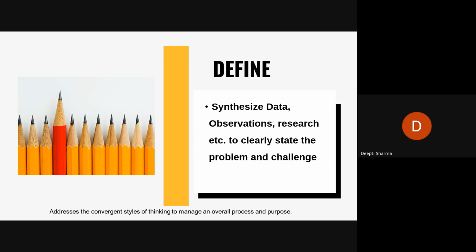So the overall process of define means whatever you have collected from the empathize phase, now we will create it on a black and white sheet or hard copy of a sheet, and we will understand how we can conceptualize these things.